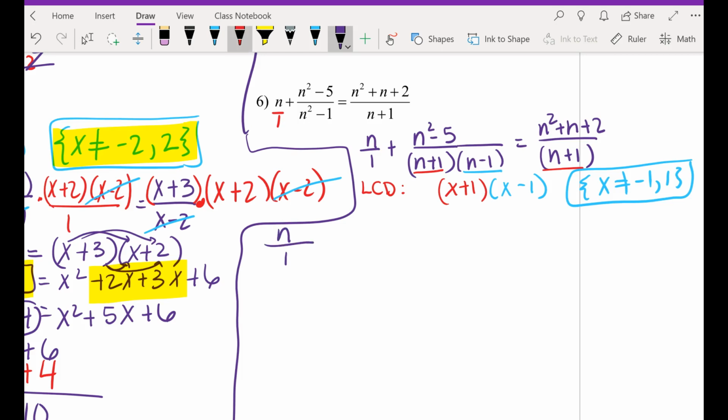So n over 1, our LCD is x plus 1 times x minus 1. Do you want to put over 1? Sure. Do you have to?